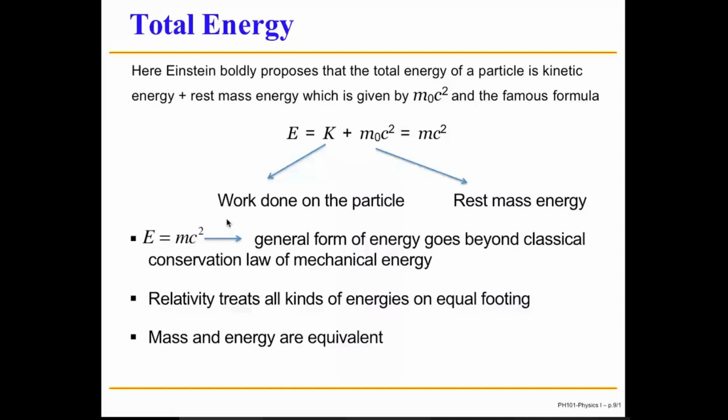And what it tells us, which we have never heard of, is that mass and energy are equivalent. So a change in energy is basically a change in mass. Whatever you lost in energy is being converted to mass. That's a really bold proposition, but it worked.